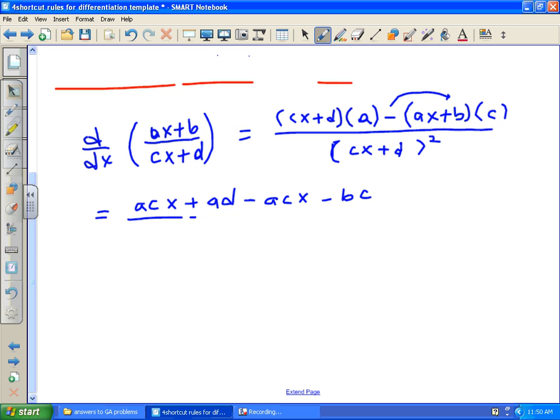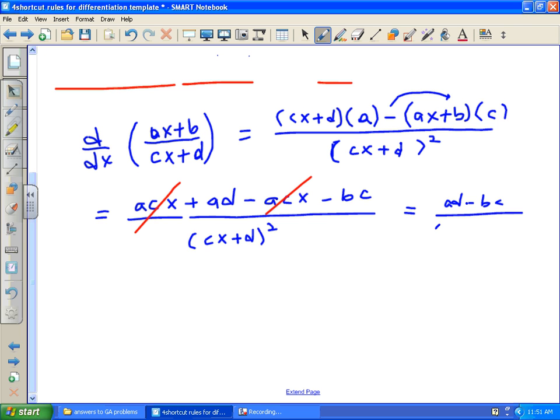And everything over the denominator squared, copied over from the previous step. So notice now the acx and minus acx will cancel, and what we have is ad minus bc divided by the same denominator.